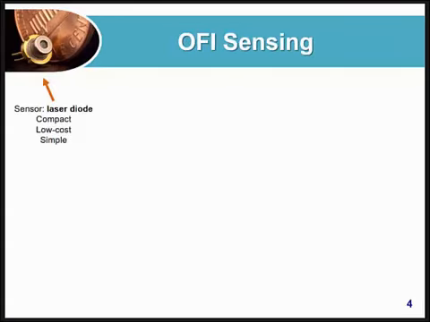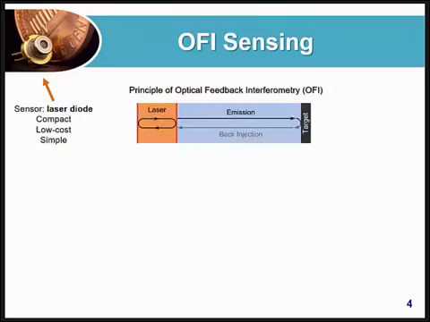In OFI sensing, the sensor itself is a laser diode. It's compact, low cost, and simple. The principle of optical feedback interferometry can be described by this picture. Once you have the light emission of the laser reaching a target, part of the light is backscattered and re-entering the laser cavity, interfering with the laser itself.